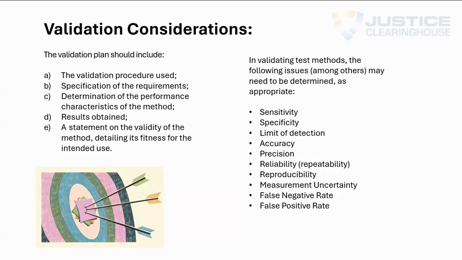And what are the things that need to be recorded for the validation of these test methods? They include, amongst others, what needs to be determined as appropriate: the sensitivity of the method, the specificity of the method, the limit of detection, accuracy, precision, reliability or repeatability, reproducibility, measurement of uncertainty if there is one, as well as the false positive rate and false negative rate.